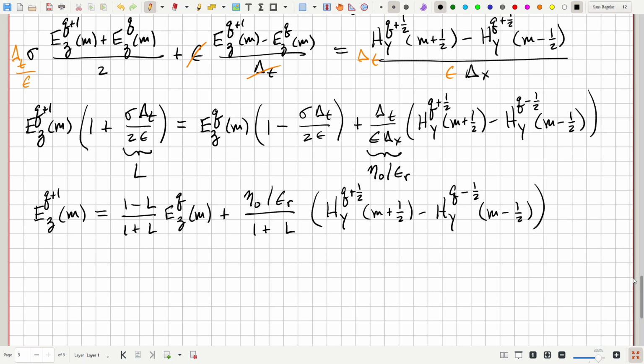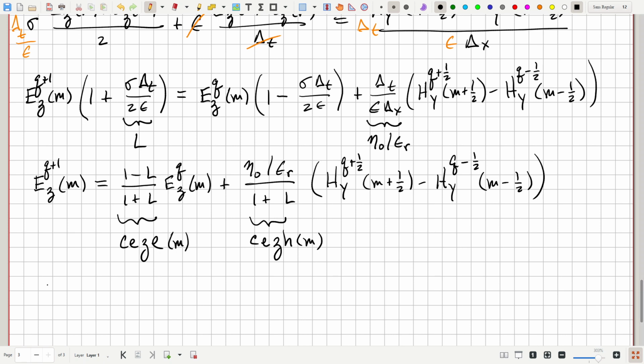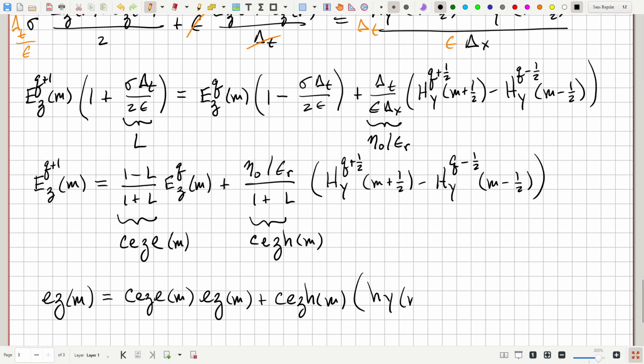Now Schneider calls this term right here an element in an array CEZE at location M, and this term is an element in an array CEZH at location M. And so in our programming terminology, this would be EZ at M equals this CEZE of M times EZ of M plus CEZH of M times HY of M. Remember, we dropped the plus 1/2 minus HY.